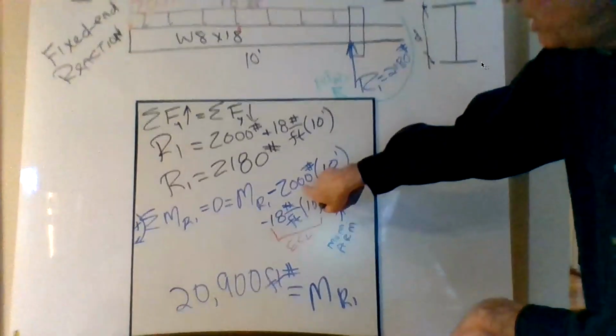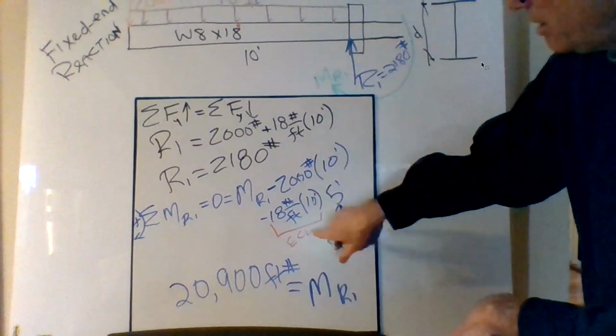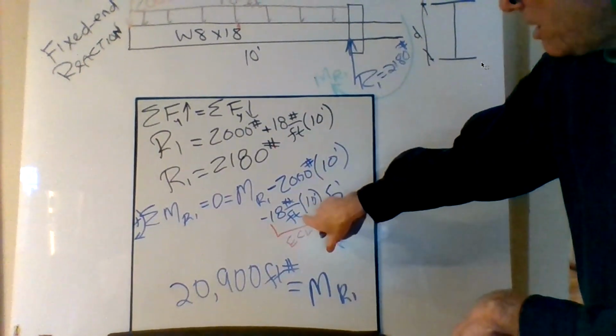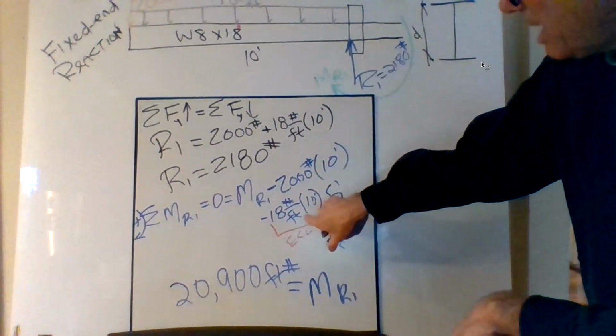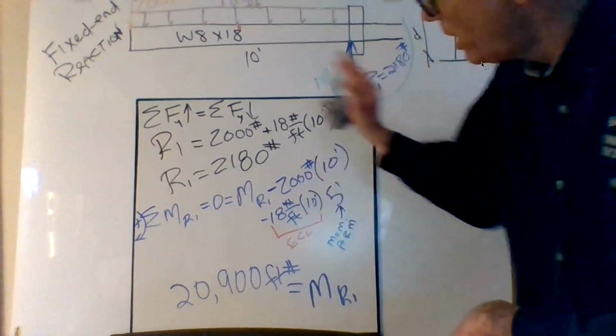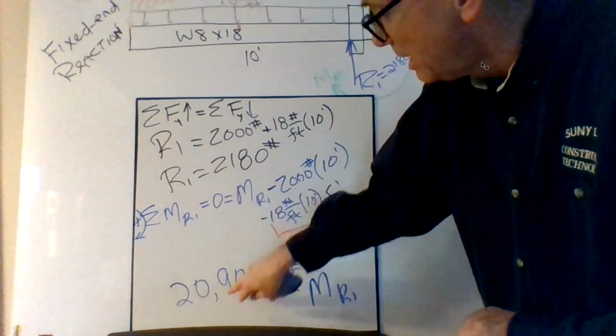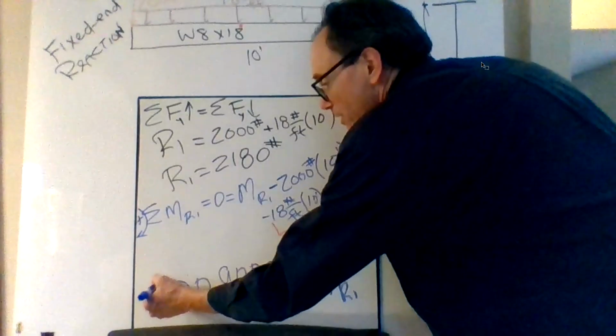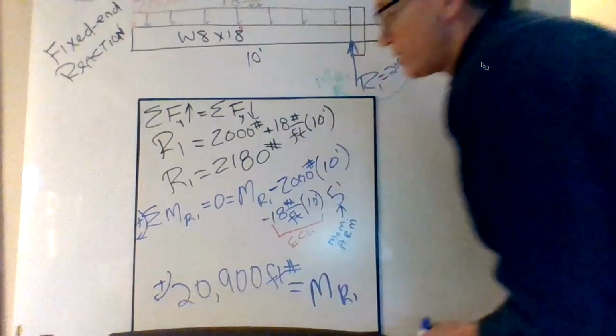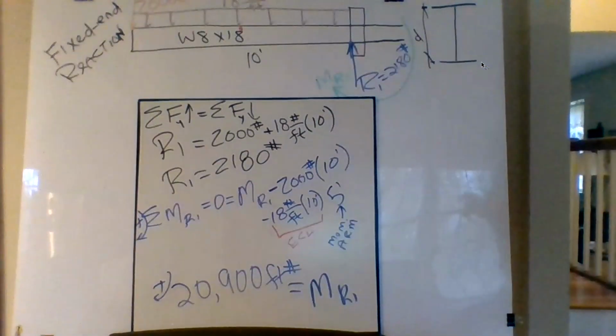This is minus 20,000, and this is 900. That's 20,900. It's all negative, and then you put it on the other side of the equal. And so it's positive because it's going clockwise about R1. Okay.